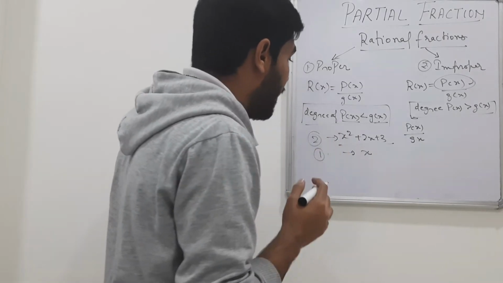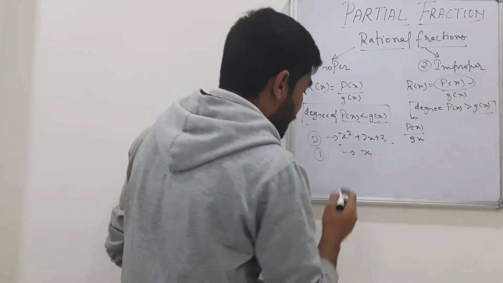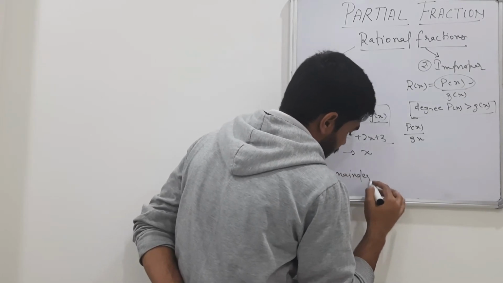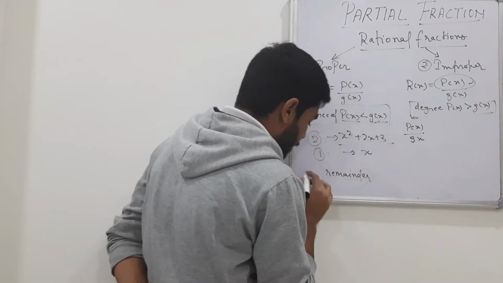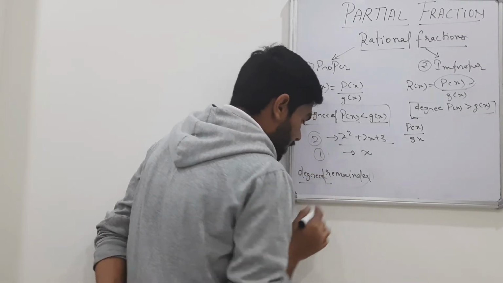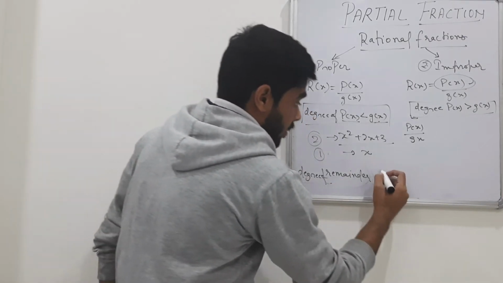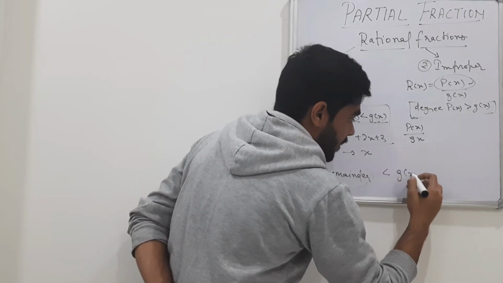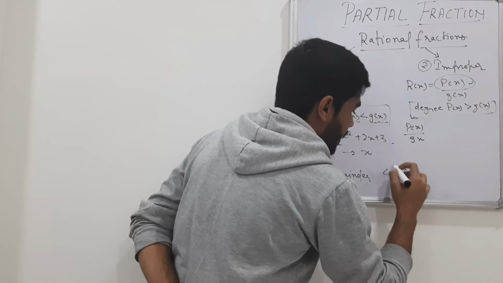So we have to divide such that the degree of the remainder is less than the degree of gx.